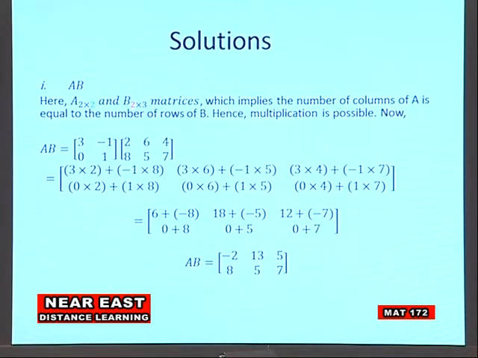I use A, which is 2 by 2. And in our last discussion, I showed how to represent the order of a given matrix with the notation A with subscript 2 times 2, which is A 2 by 2.